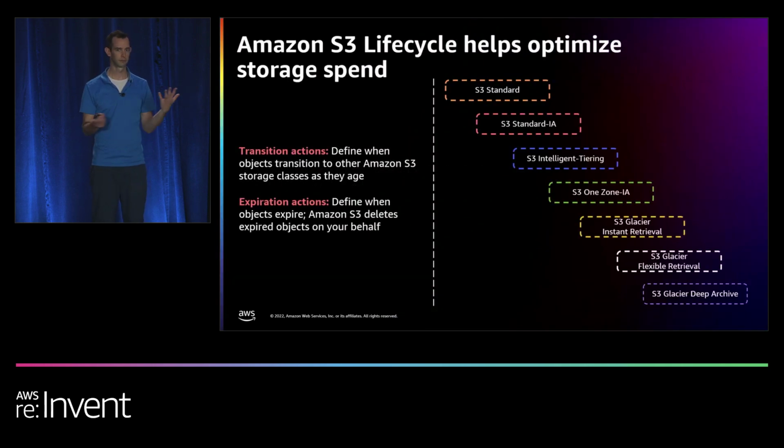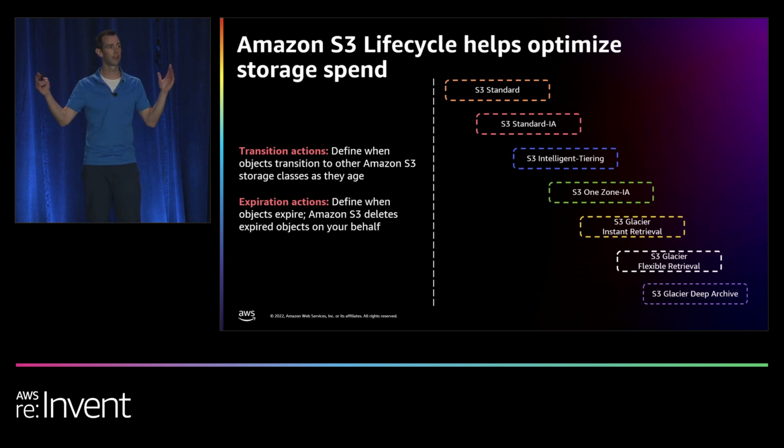So right here, if there is anyone who's not familiar with Lifecycle, I'll go through this very quickly. But you can transition and expire data using Lifecycle. Common pattern is to ingest most of your data to standard. I think more and more customers are using intelligent tiering for that. But if your data is starting in standard, for example, there's just a lot of opportunity for savings. Shockey brought up that picture of the different storage classes earlier, talking about Glacier Instant Retrieval, Flexible Retrieval, and then Deep Archive.